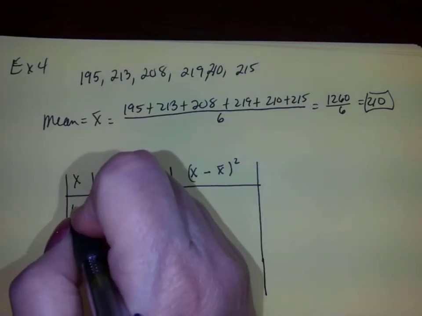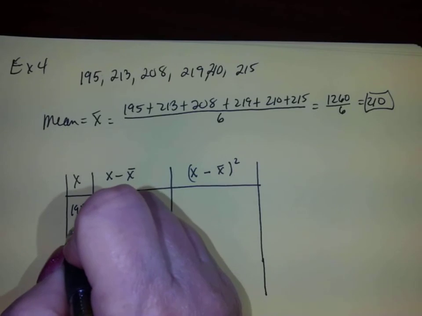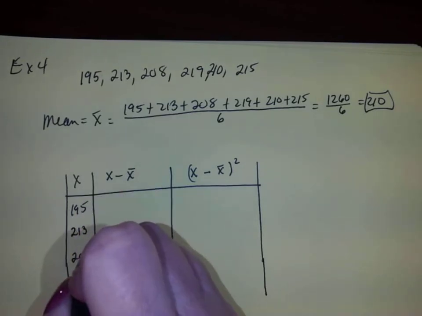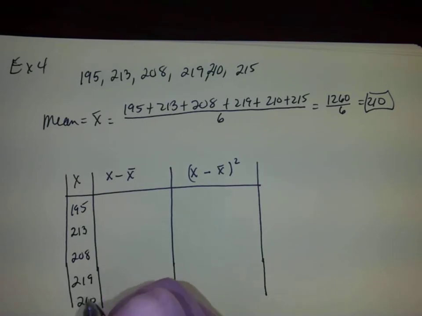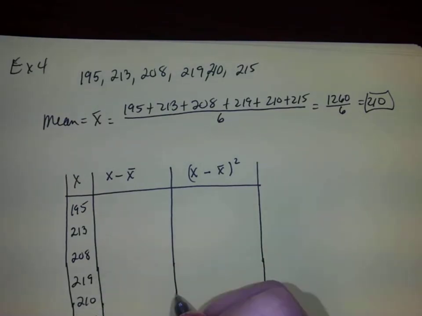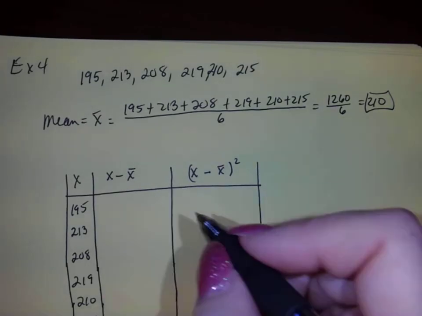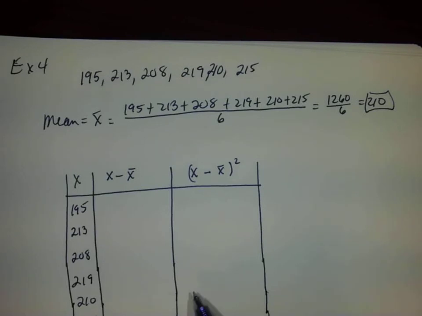All right, so we've got 195, we've got 213, 208, 219, 210, and 215. And just like we've done before, we're going to kind of square off our box here. And down here, I'm going to put some of the formula that we have.